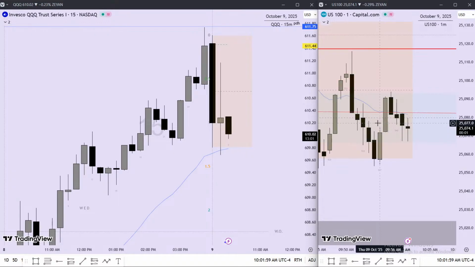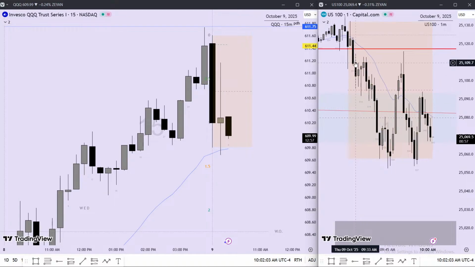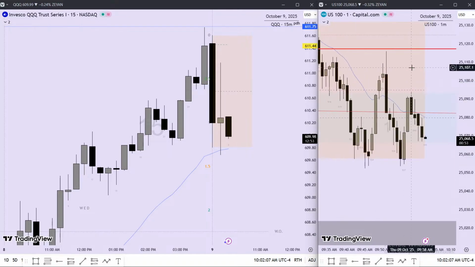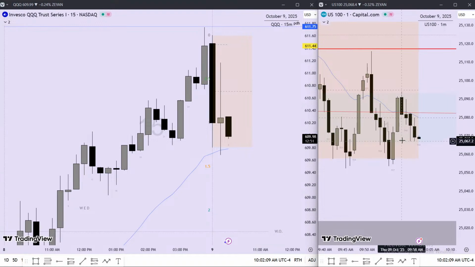We have closed this gap. We haven't closed this gap. This is the open of the 10 a.m. candle.